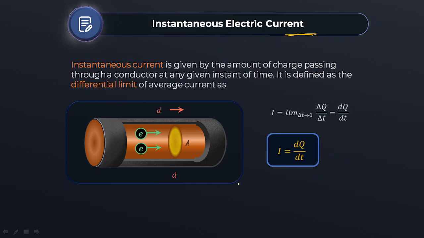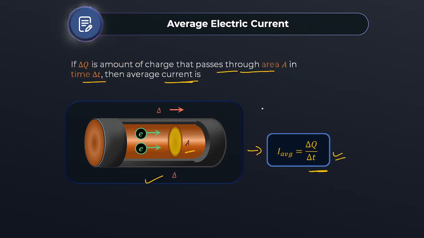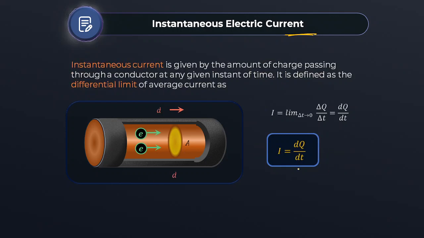Now, next is instantaneous current. Suppose there is one wire and they ask to find the current at time t equals 5 seconds. When there is a time gap, we write I average. But when they say at any instant, like when t equals 5 seconds, what was the current flowing in the wire? Then delta t tends to 0, a very small value.